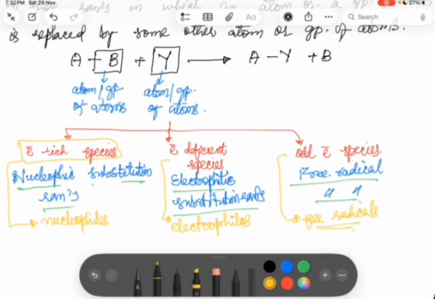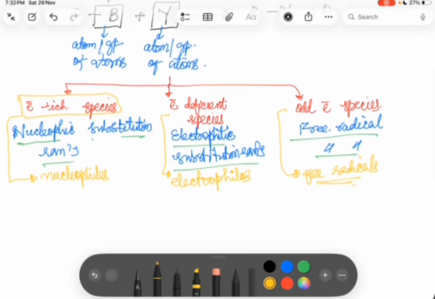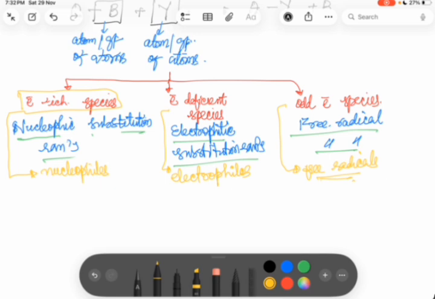So, we can also define nucleophilic substitution reactions as that class of substitution reactions in which a nucleophile replaces an atom or a group of atoms in our substrate. Similarly, electrophilic substitution reactions are those reactions in which an electrophile replaces an atom or a group of atoms in our substrate.